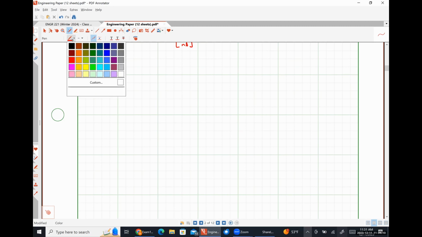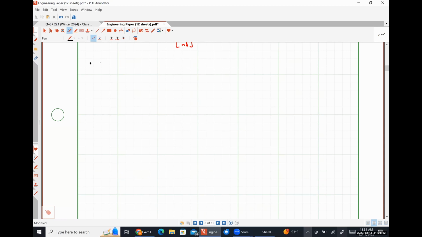Let's say that we have a metal over here on the left, a different metal than before, which should be fairly obvious because here is our work function for our metal, phi m.